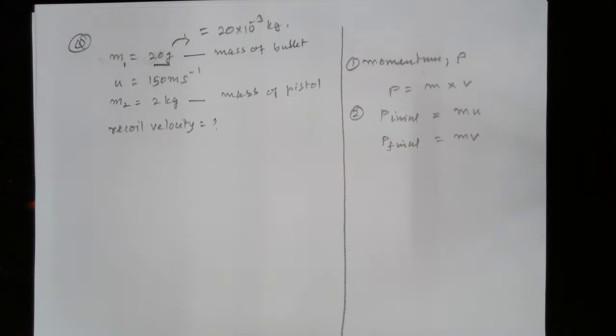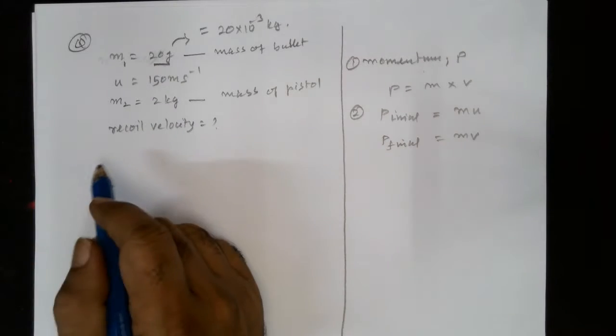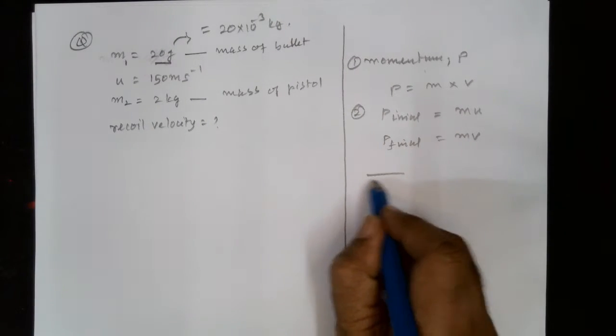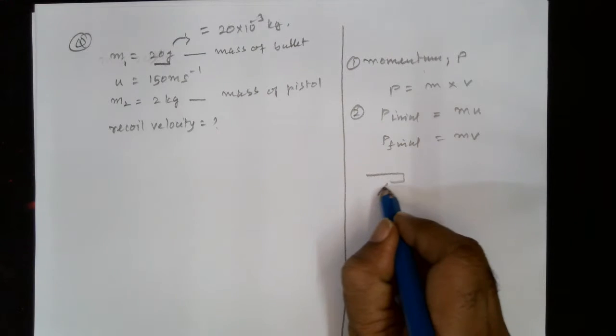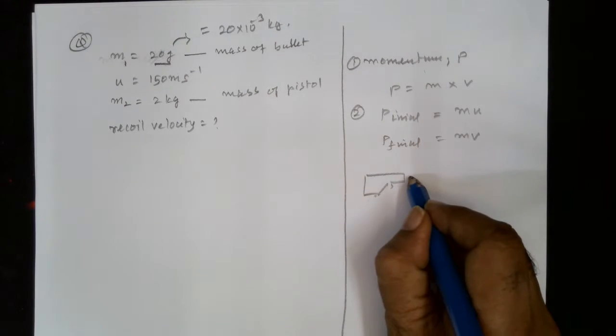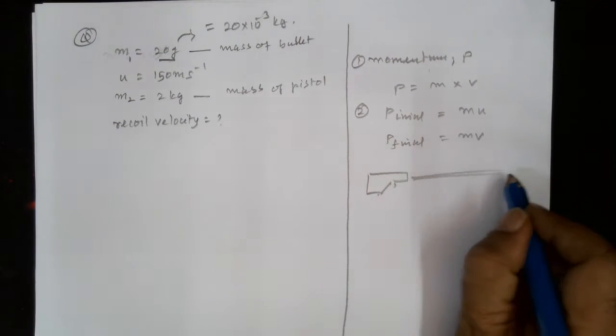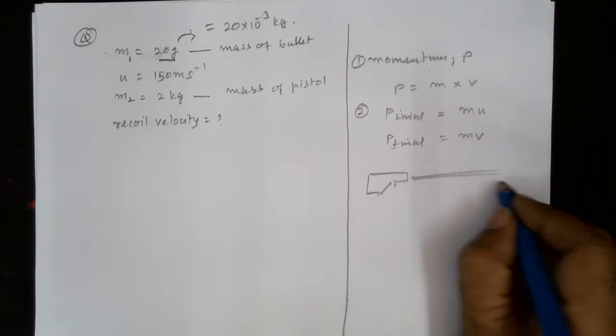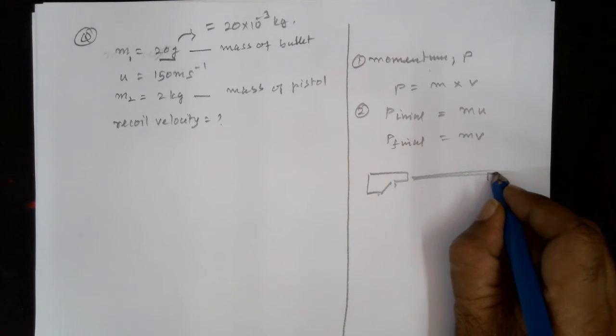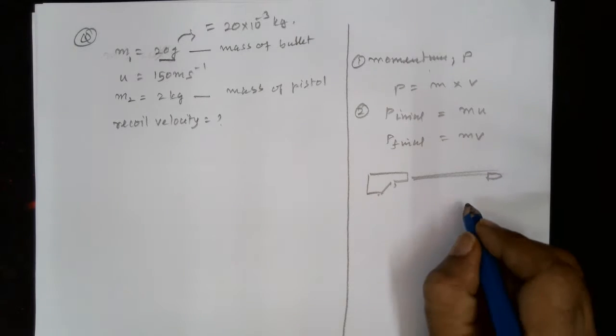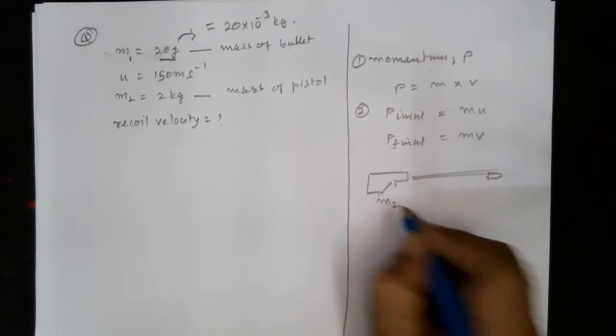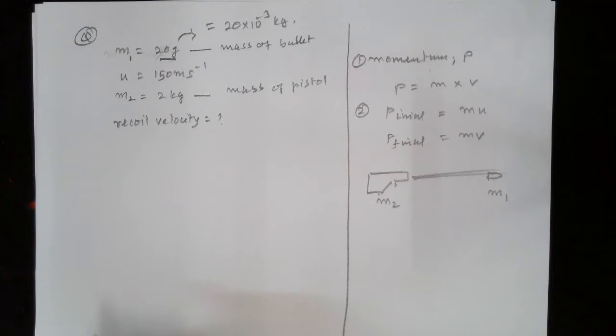Now, the initial velocity of the bullet and the pistol, it is 0. When the bullet is fired from the pistol, let me consider this is the pistol. Bullet is fired from the pistol like this, and it goes in this direction. So this is M2, this is M1, correct?